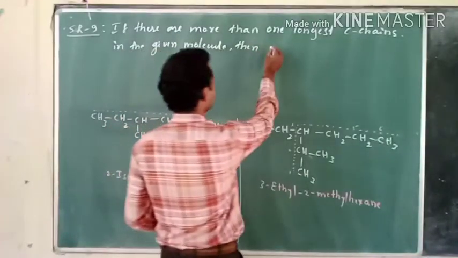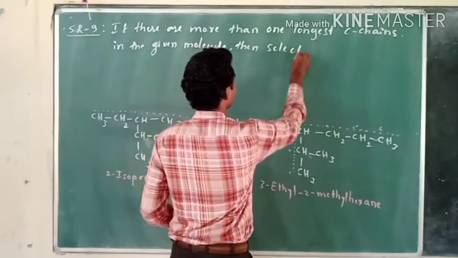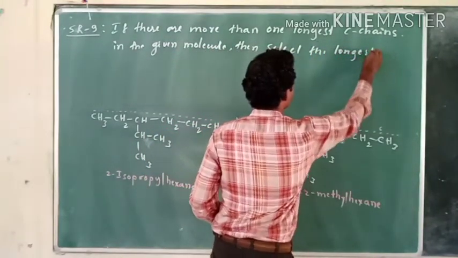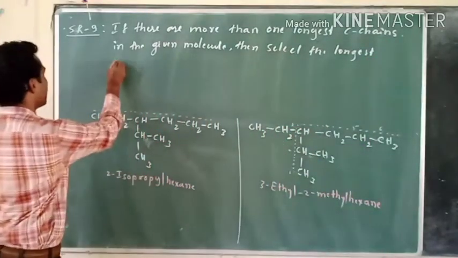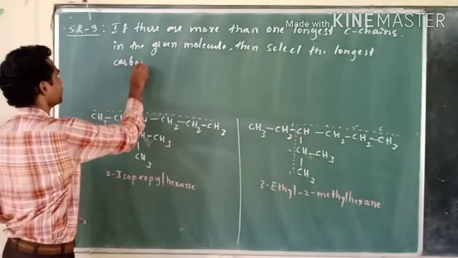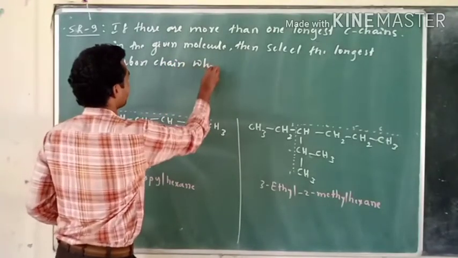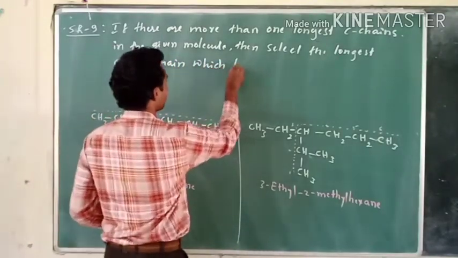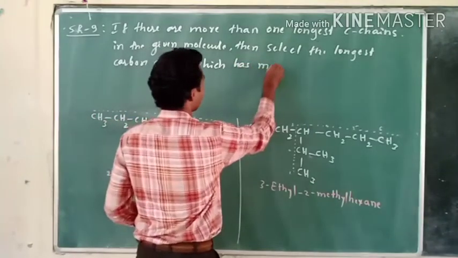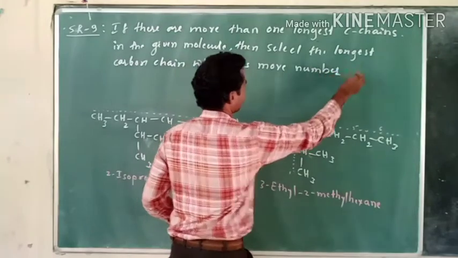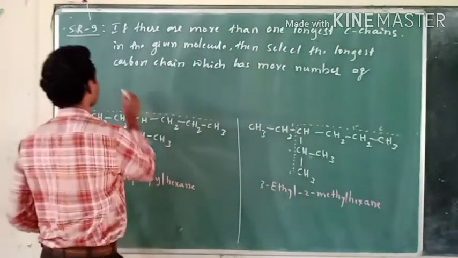The rule is: select the longest carbon chain which has the more number of substituents.